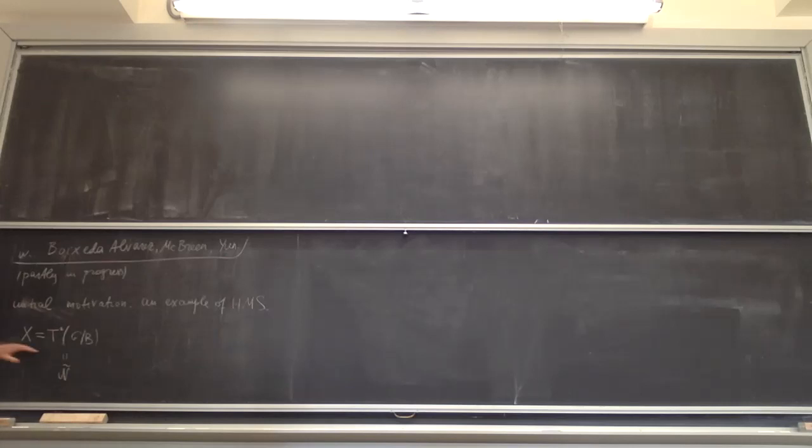Here G is, say, a semi-simple complex group, B is Borel, so this is a flag variety, and this is the symplectic variety which is the cotangent to the flag variety, and we can think of it as a resolution of the nilpotent cone. So it's an example of a symplectic resolution.